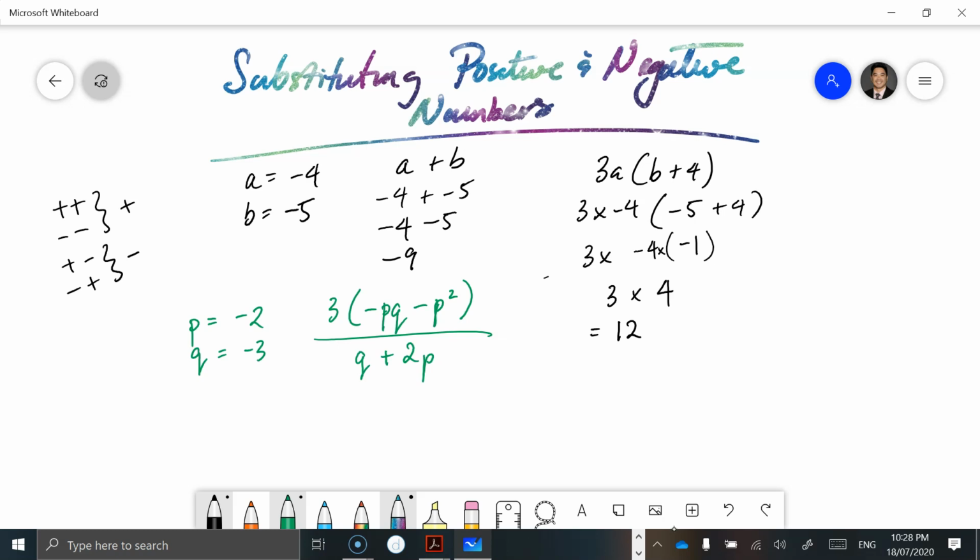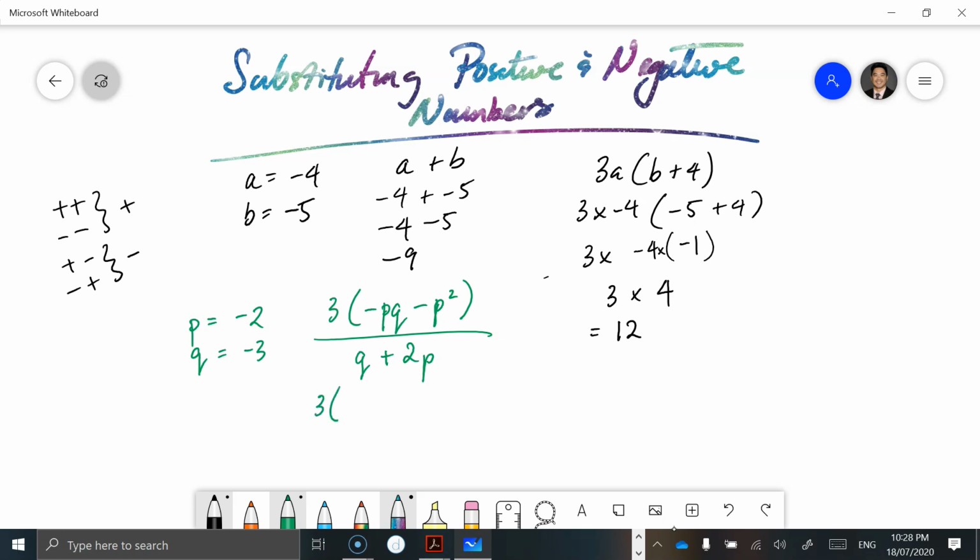That little squared symbol means it's p times p, anything multiplied by itself. So this is where we need to make sure that we substitute everything as is. So this is the way I would do it.